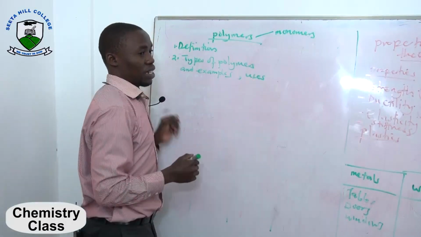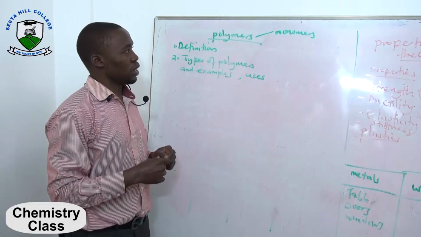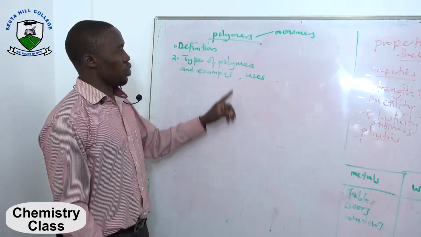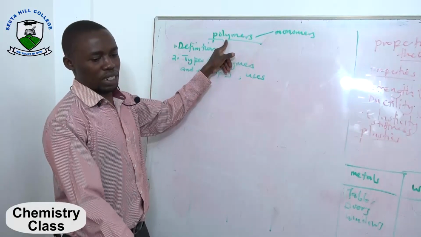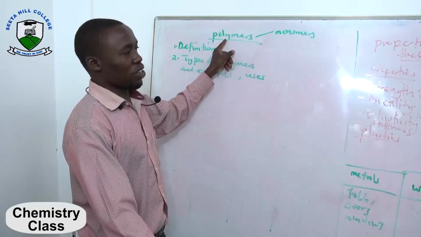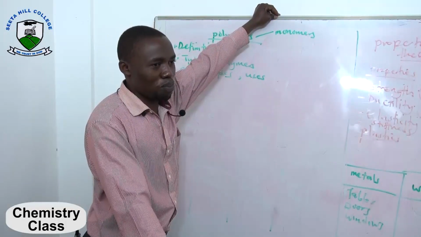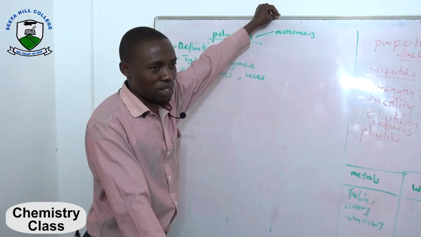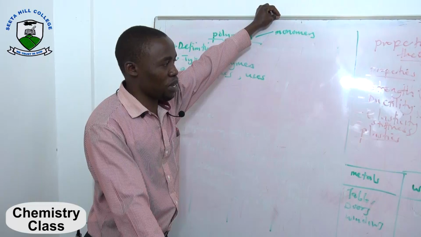Within a polymer there are smaller substances. When we attach the word poly to any material, you will know that that's a polymer, like polyethylene, which you call a polyethylene bag, not so? That qualifies it to be a polymer.